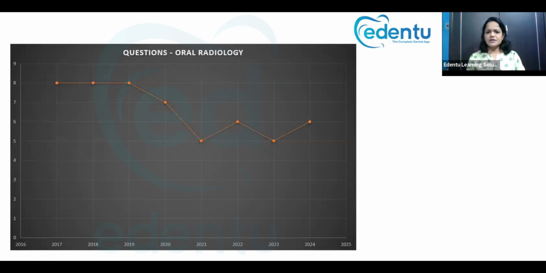As I had already mentioned, since it has some overlapping topics with oral pathology, some can be included in oral pathology also. That's why there were a smaller number of questions in 2021 and 2023. Otherwise, generally you can expect anywhere between 5 to 8 questions.